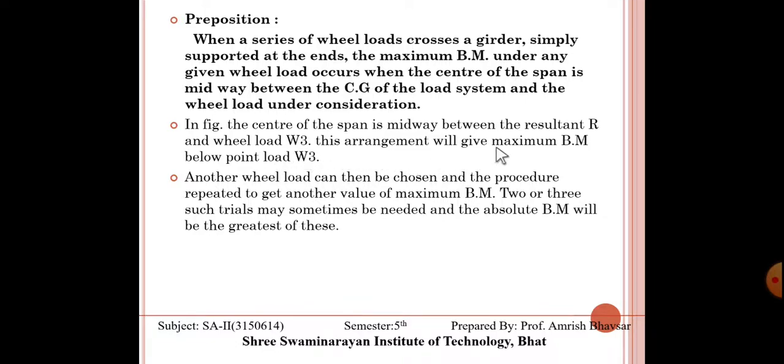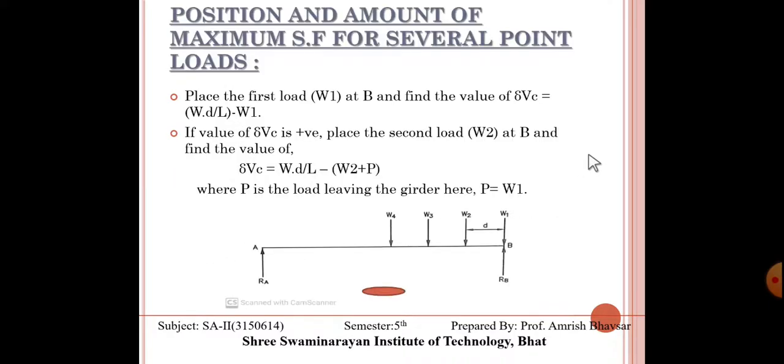This arrangement will give us the maximum bending moment below point load W3, that is Y3. Another wheel load can then be chosen and the procedure repeated to get the value of maximum bending moment. Two or three such trials may sometimes be needed, and the absolute bending moment will be the greatest of these.